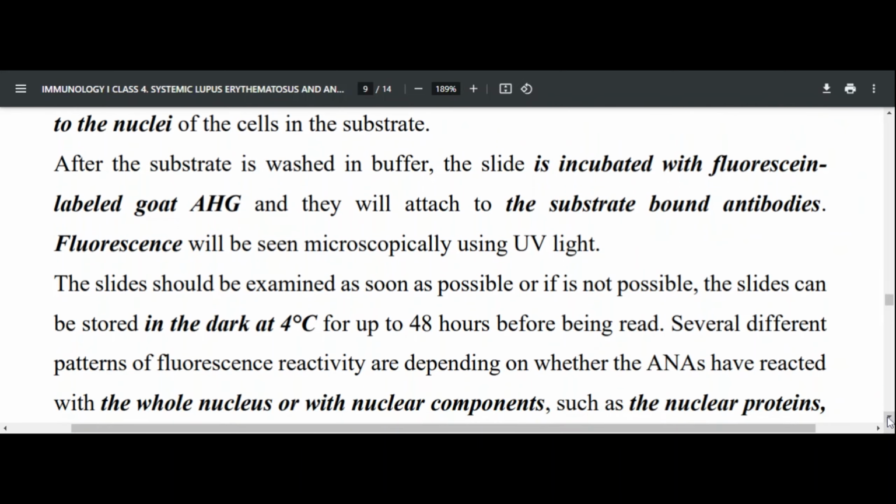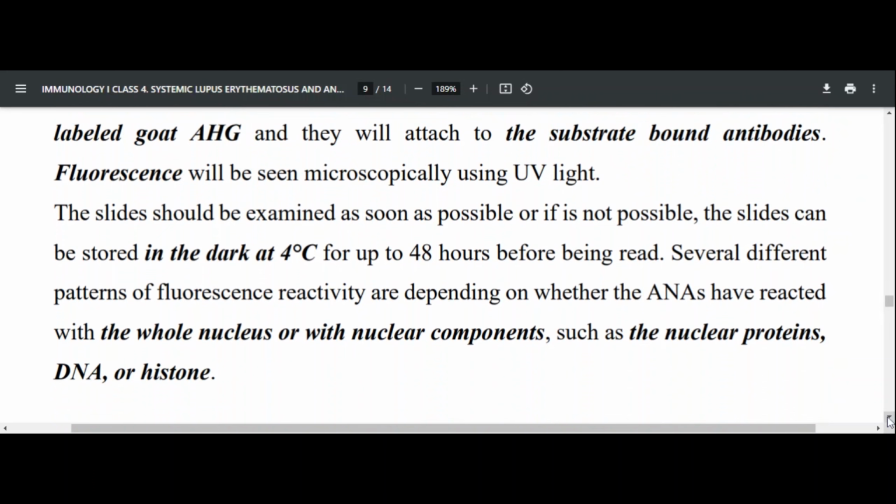before reading. Several different patterns of fluorescence reactivity depend on which antinuclear antibodies have reacted with the whole nucleus or with nuclear components such as nuclear proteins, DNA, or histones. So it depends on which antigens in the nucleus, or the whole nucleus, have reacted with the antibodies of the patient, because we are using antigens just as a substrate, and we are detecting the serum antibodies of these patients.